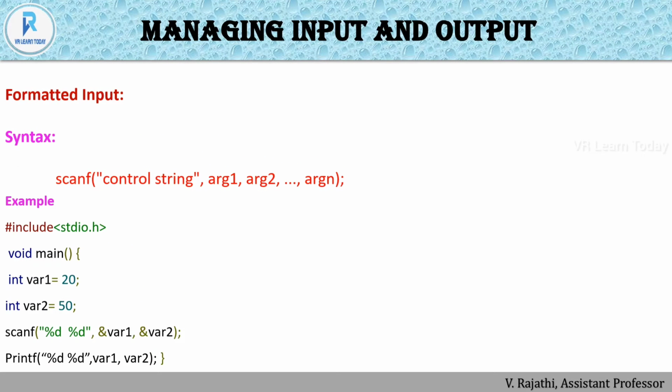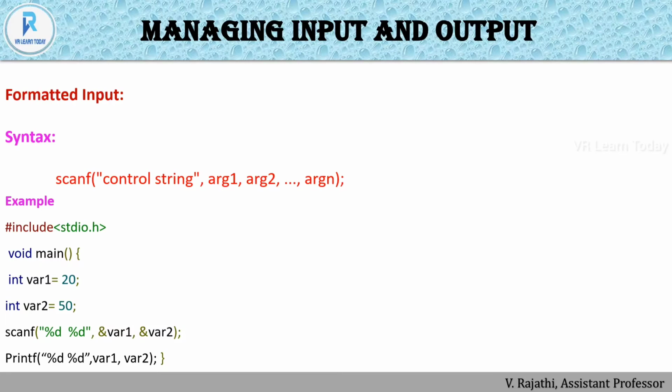And next, we have to know formatted input. So the syntax is scanf, control string, argument 1, argument 2, up to argument n. The example is as usual the header file and the main function. After that the declaration part, and we have to use the control string. The %d is called the control string, and var1, var2 are called arguments.